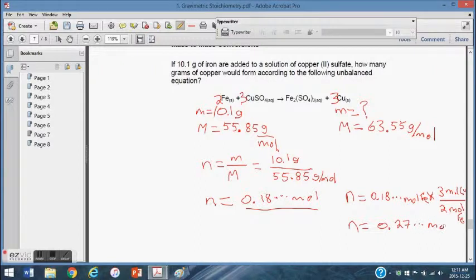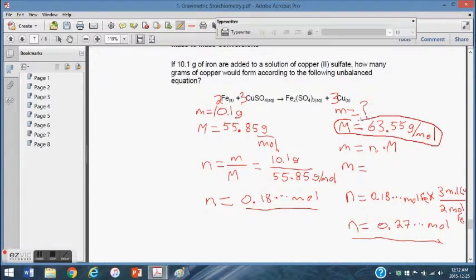Well, now I want to figure out the mass. I have moles and I have molar mass. Mass is equal to moles times molar mass. I'm going to take this number and multiply it by this number.